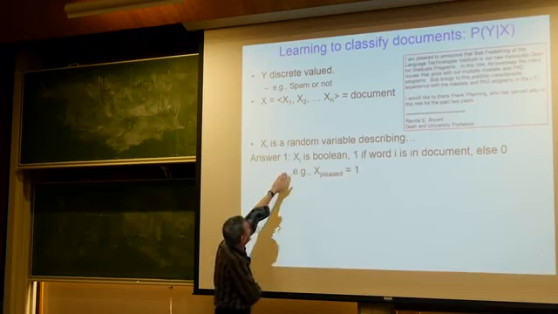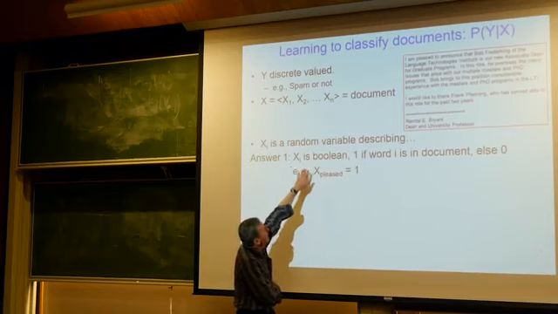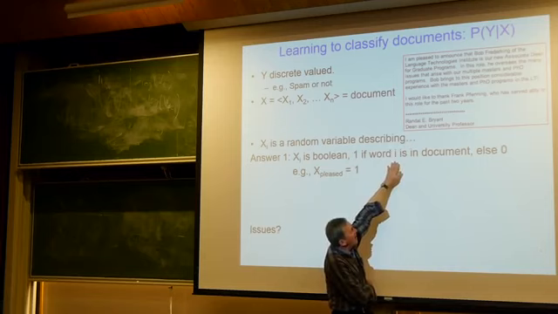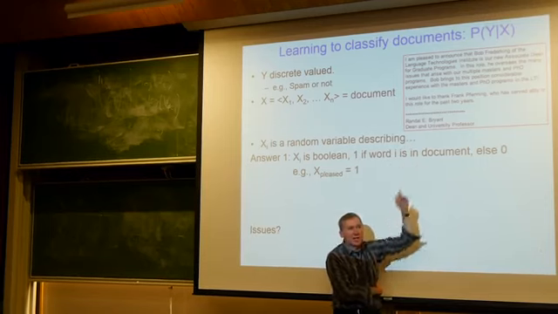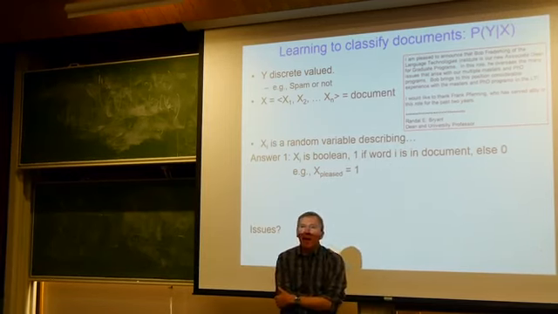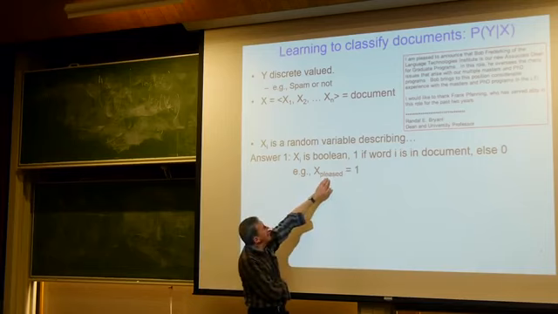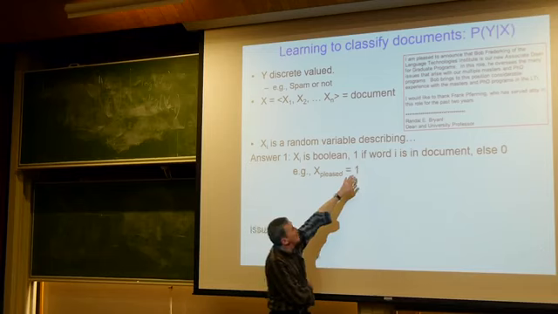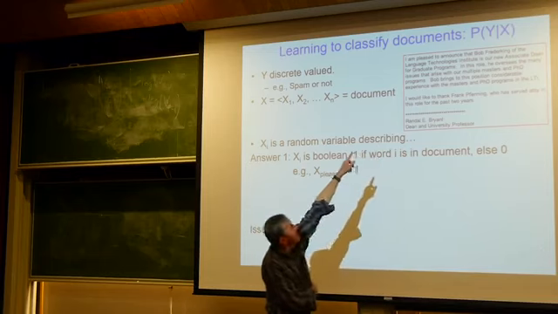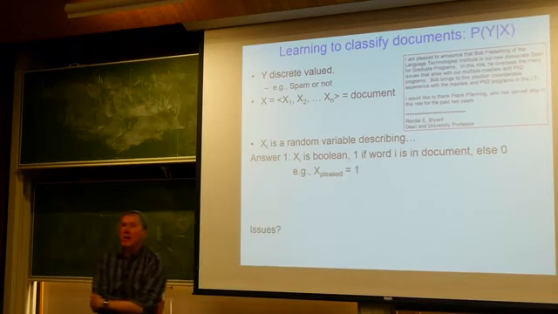So we could define x sub i as 1 if the ith word is in the document, and otherwise it'll be 0. For example, we could have the word pleased, and x sub pleased is 1 for this document because I see it up there as the third word in the email.